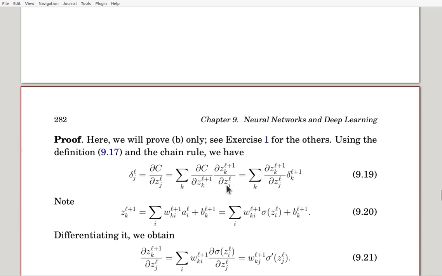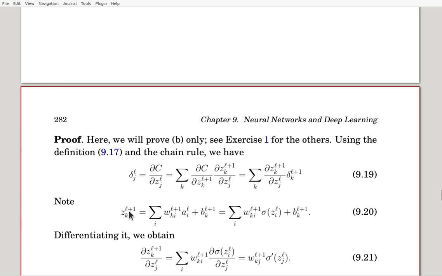It is a simple chain rule and must be summed over k. In the definition, that is now δ_k^{L+1}.